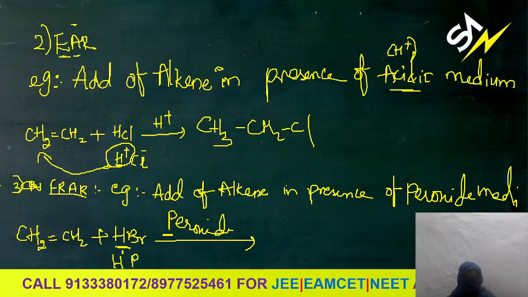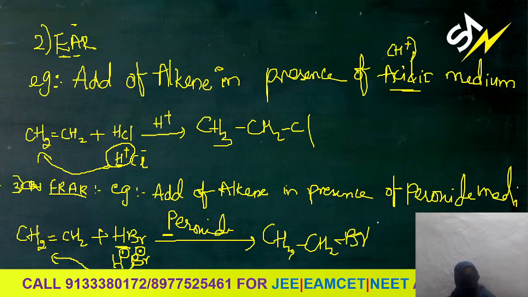If the bond is cleaving homolytically, you will get free radicals. Definitely a free radical will go. Which free radical is going? Bromine is going first. It will become CH3, CH2Br.